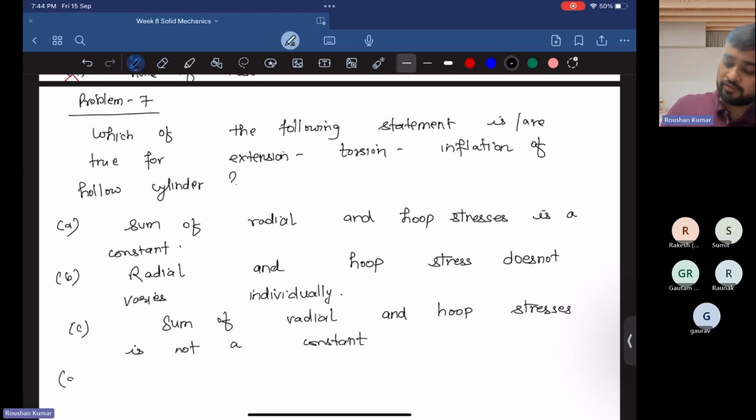And the fourth option is radial and hoop stress vary individually.